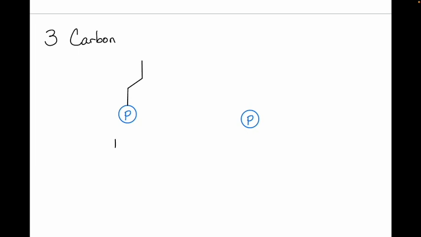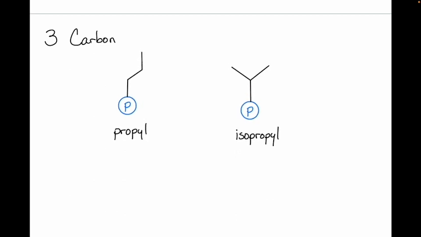So this would be a propyl group. But if we have 3 carbons and there's a little fork, this would then be an isopropyl group. Again, these are what we call the common names.